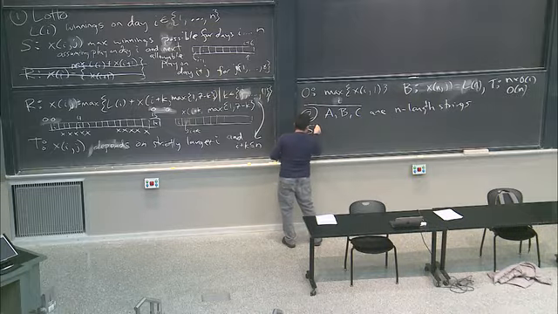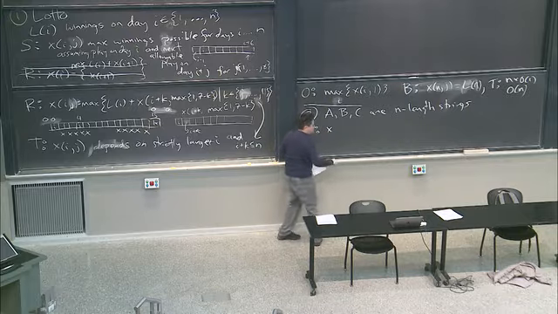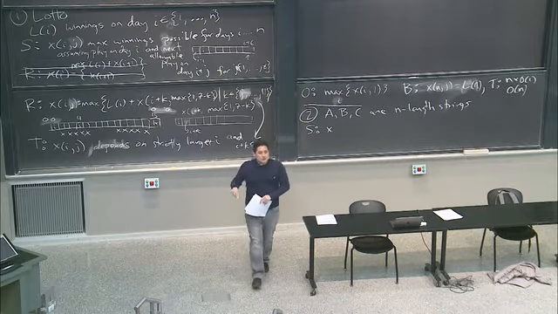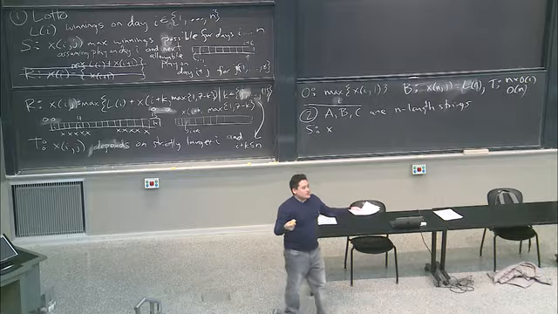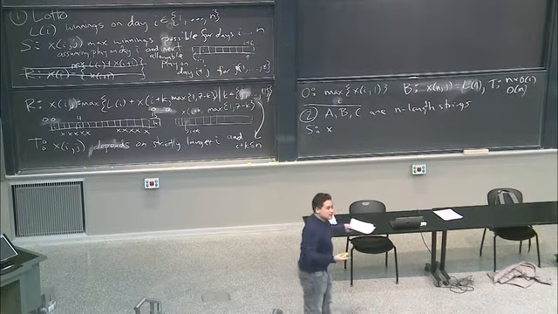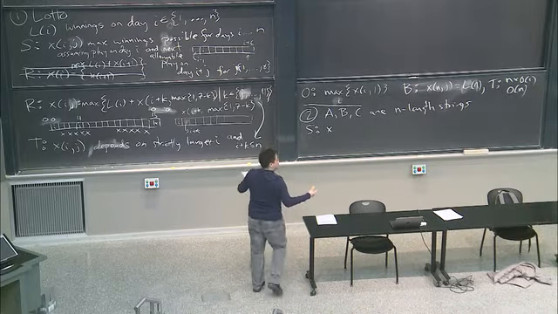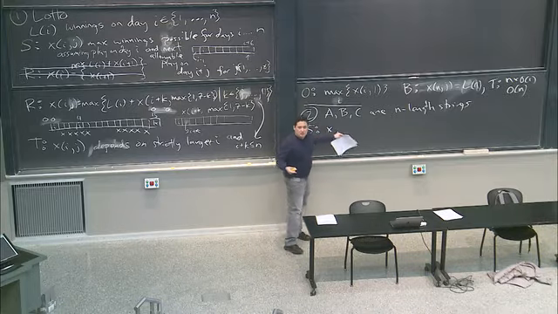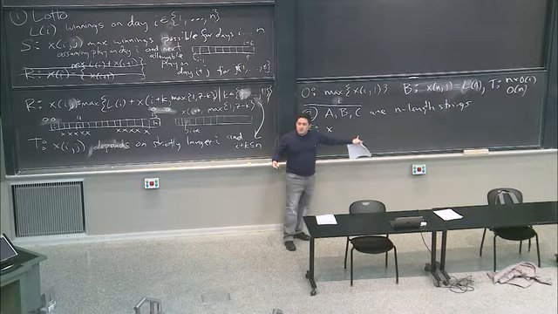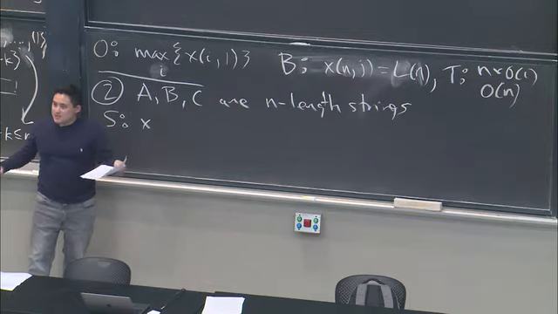Let's define some subproblems. If I were to go via longest common subsequence, I might keep track of an index of a suffix or prefix of each one of these strings, right? That kind of makes sense.